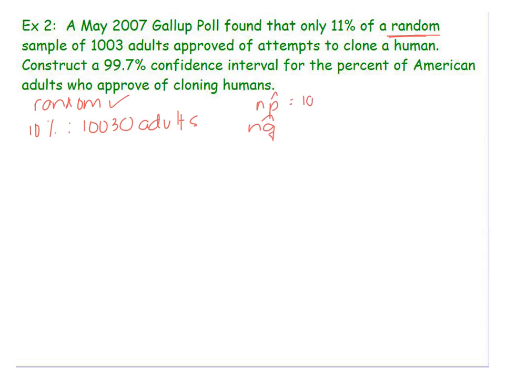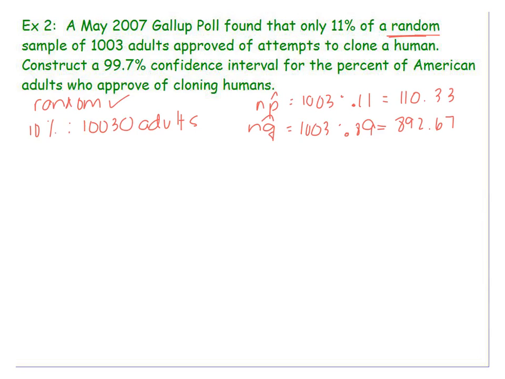So we're going to take 1,003 times our p was 11%. That gives us 110.33. And then 1,003 times, well, 100 minus 11 is 0.89. And so if you multiply those, I get 892.67. Either way, both are bigger than 10.